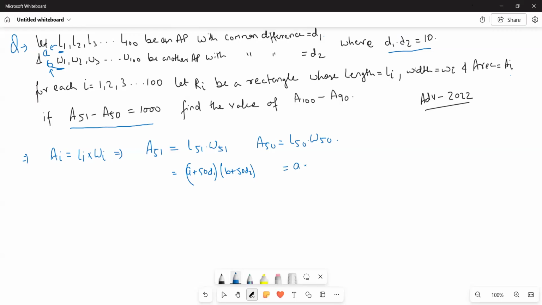And this would be a plus 49 D1, b plus 49 D2. Now we need the difference of the two.